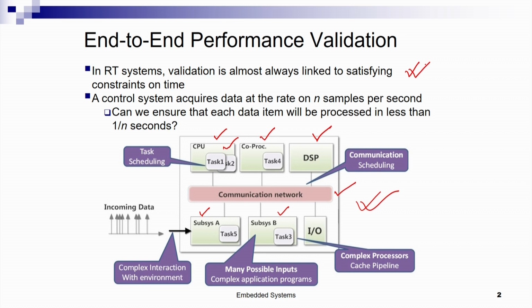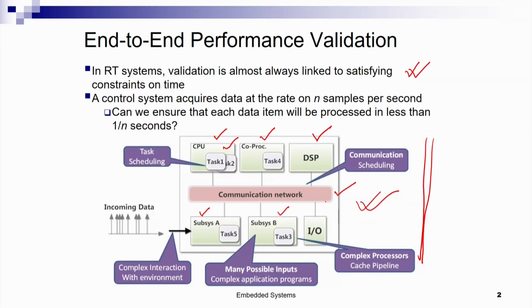What we want to do here is validate whether the performance requirements that are stipulated for my embedded system will be met if I implement it onto such a platform, implementing some components in hardware, some components in software, connecting it with such an interconnection network, applying certain scheduling principles on the buses and the processors. If I do all these things, will I be able to meet the required performance that my embedded system needs to meet? That is what we need to validate.